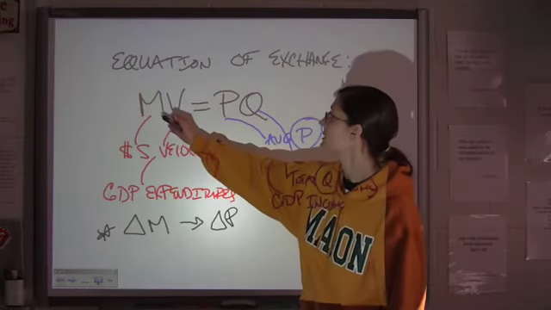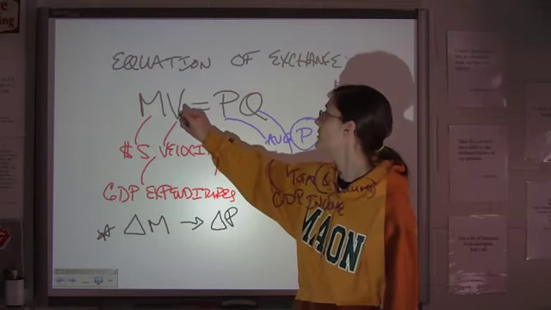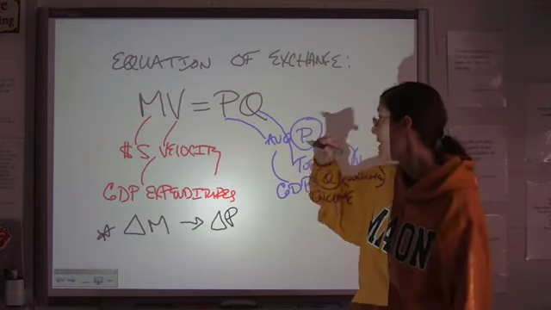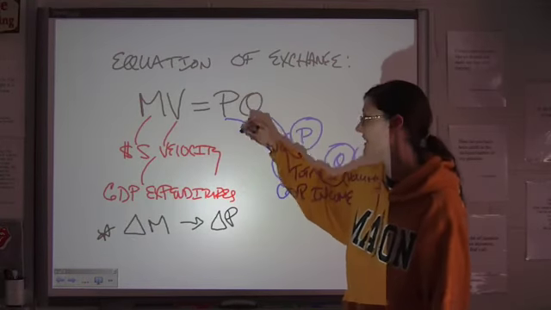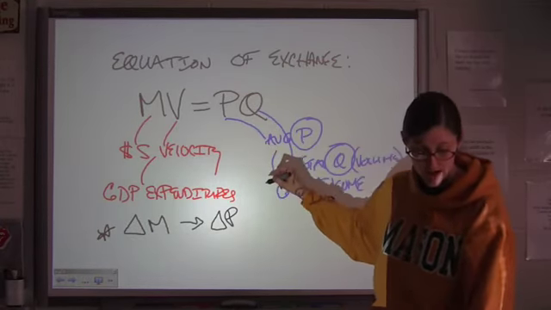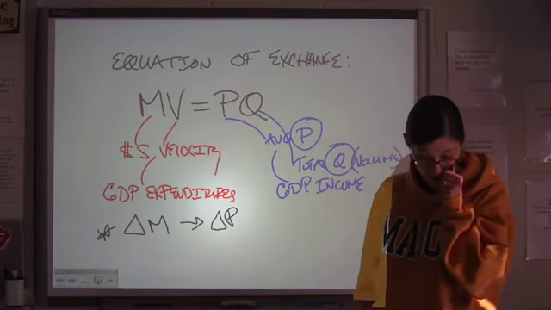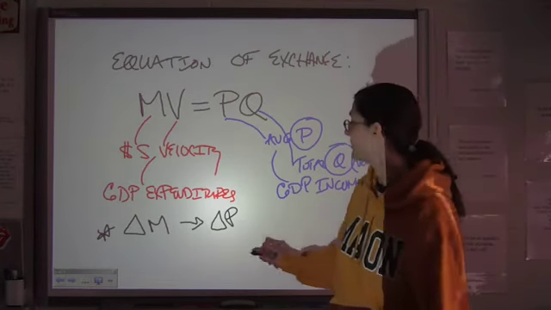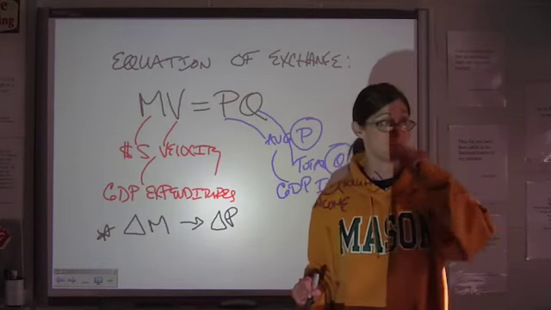Therefore, changing M, if velocity is stable, is going to affect the value of this. So that's something that we want to look at here. Changing M causes a change in P.